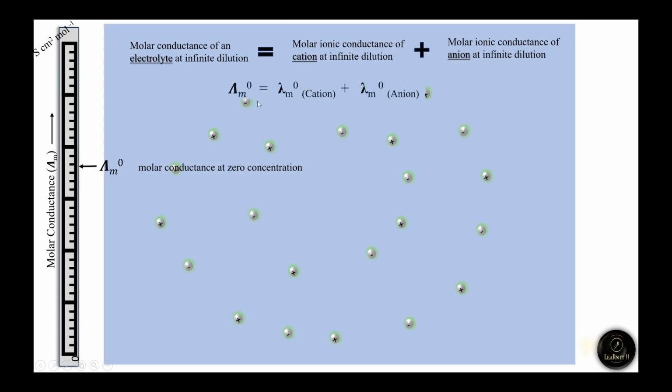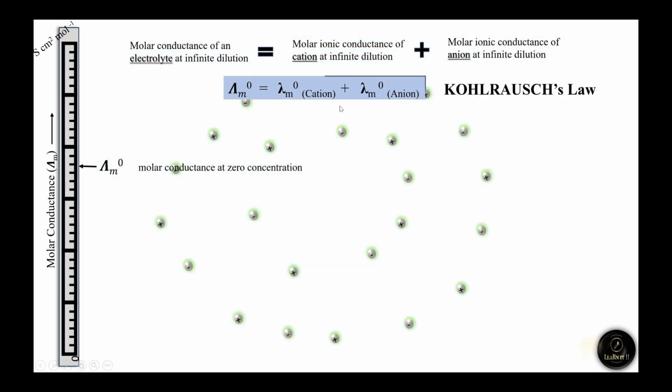This is given by the expression: lambda naught m, the molar conductance at infinite dilution of an electrolyte, is equal to the molar ionic conductance of cation at 0 concentration or infinite dilution plus the molar ionic conductance of anion at 0 concentration or infinite dilution. This is called Kohlrausch law.